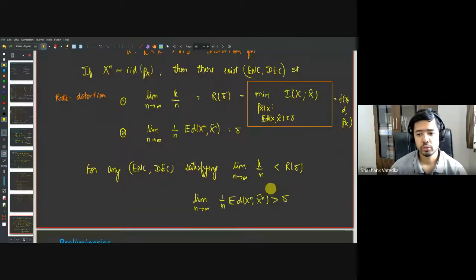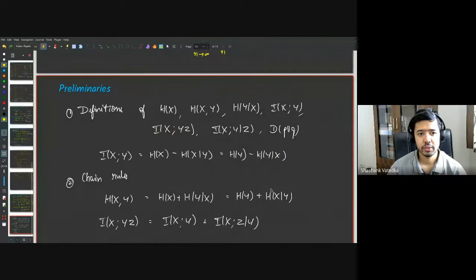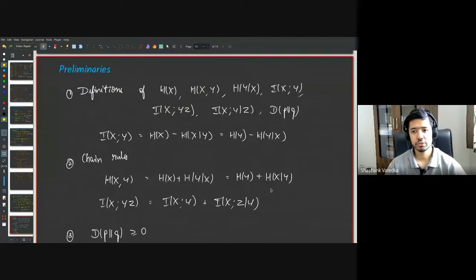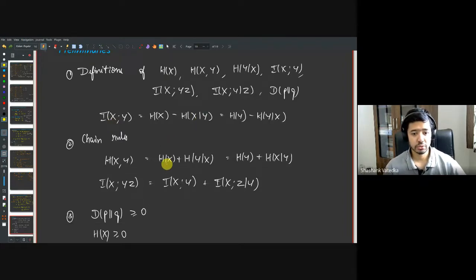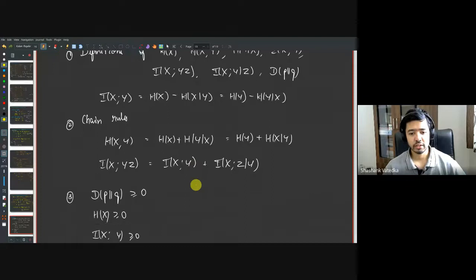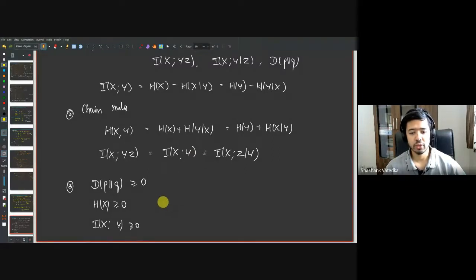Okay, so we'll stop at this point. But before the next class, you should revise some of the basics you've seen in the information theory course. In particular, the definitions of entropy, joint entropy, conditional entropy, mutual information, conditional mutual information, KL divergence, and the relationship between mutual information and entropy, the chain rules of entropy, and the fact that at least for discrete random variables, all of these quantities are non-negative.